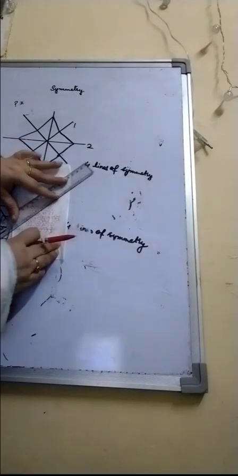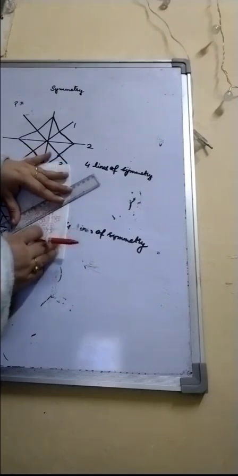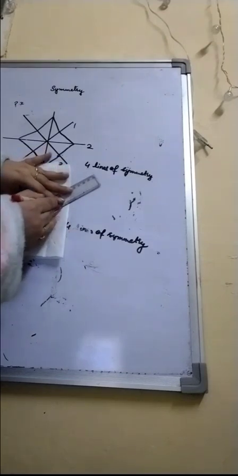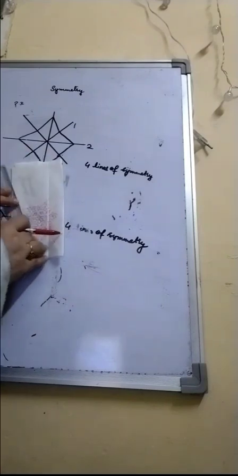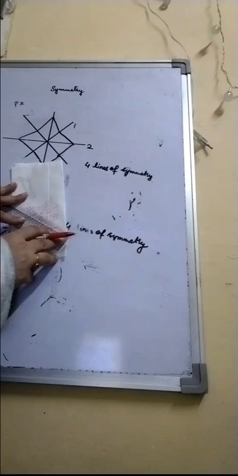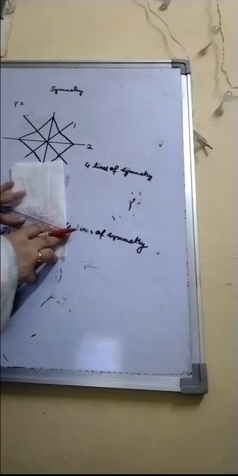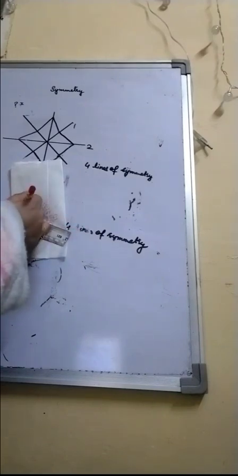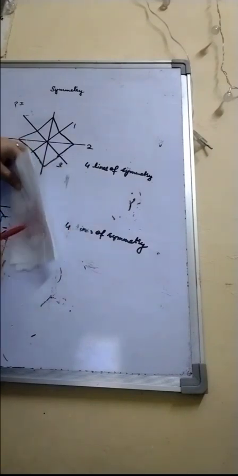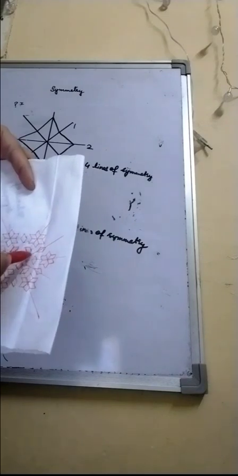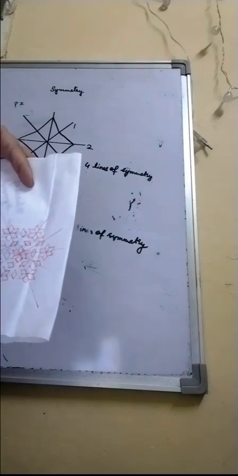Then the fourth line of symmetry would be this one, and the fifth line of symmetry would be along the smaller side. This is the smaller box. This is the fourth line of symmetry, and along this side would be the fifth line of symmetry.